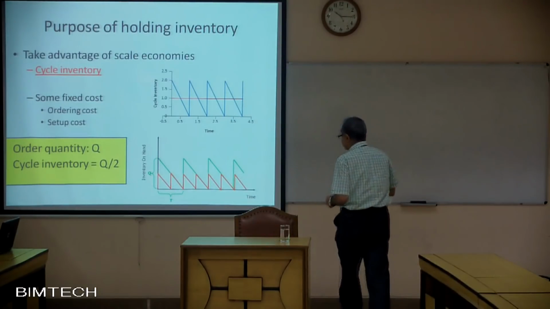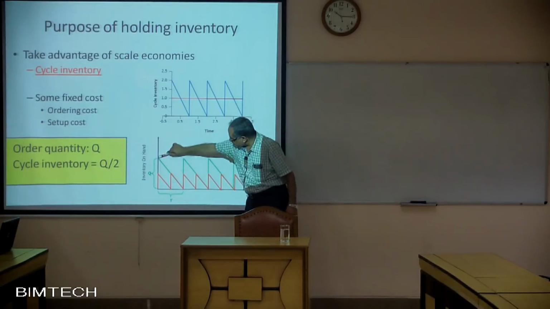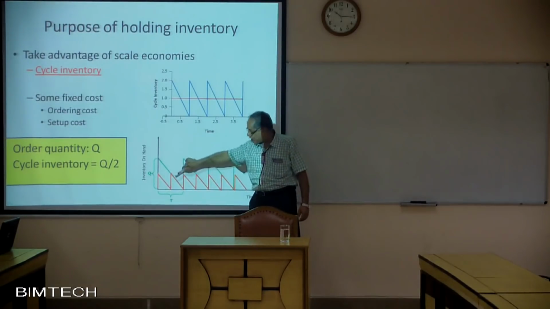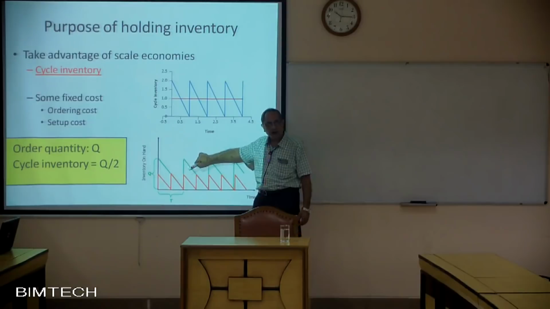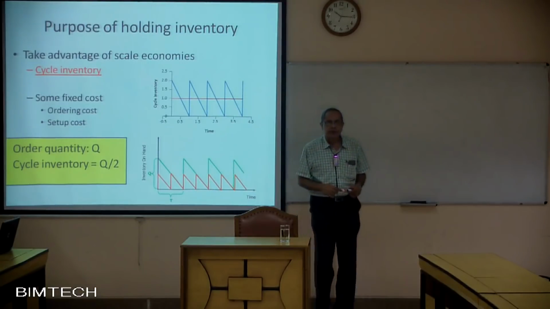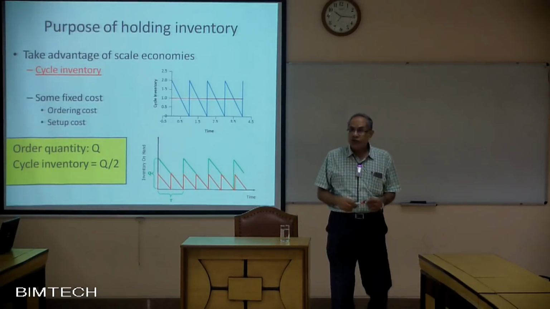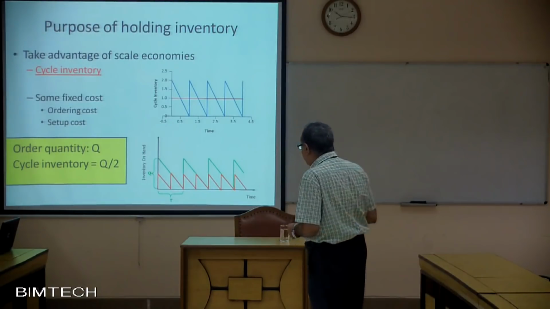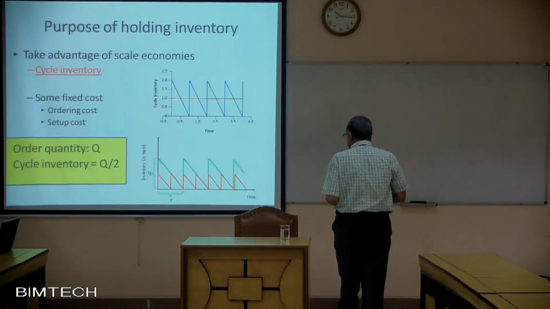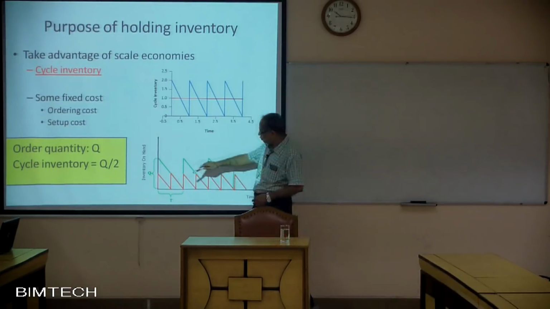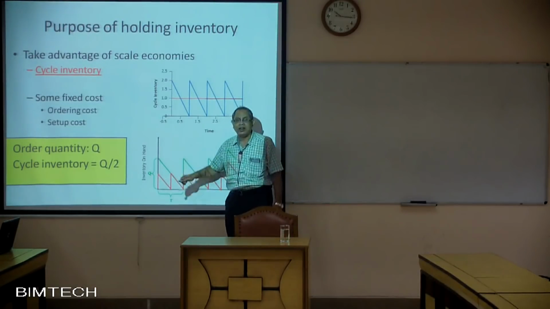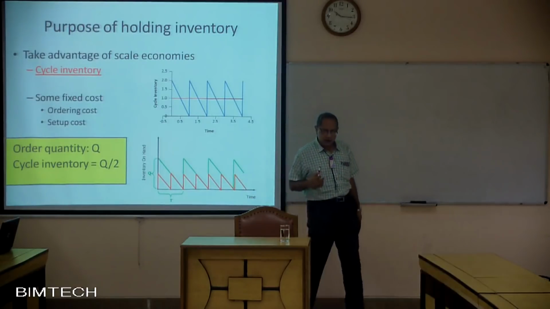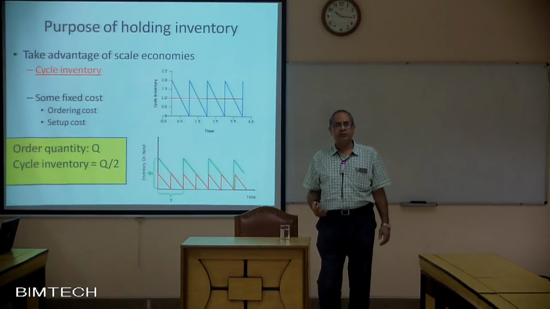And obviously it is getting consumed. This represents the slope, which is the rate of consumption. And then again, I receive that quantity and so on. This is something that we have seen just now. However, please understand that I can order a quantity less than Q, let's say the red line that we see here, I can order less than Q each time.